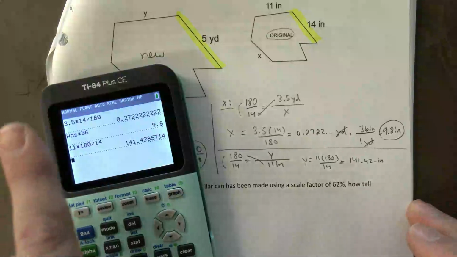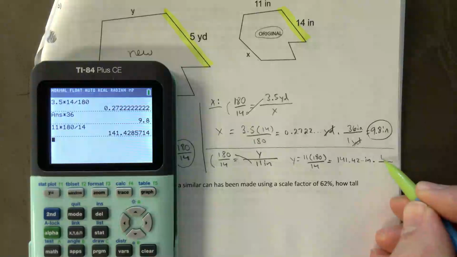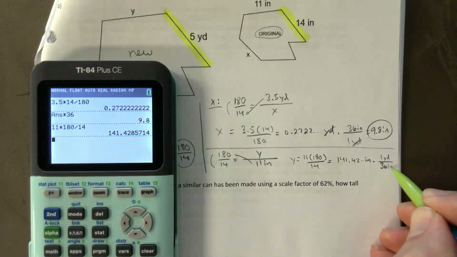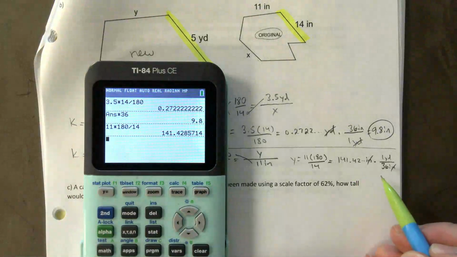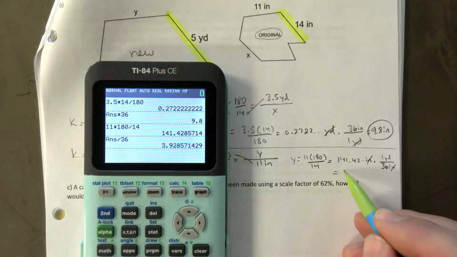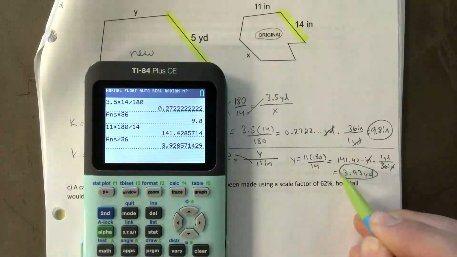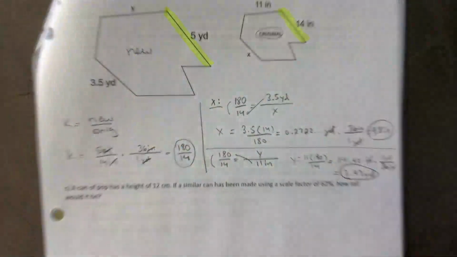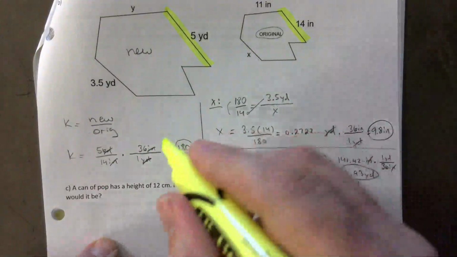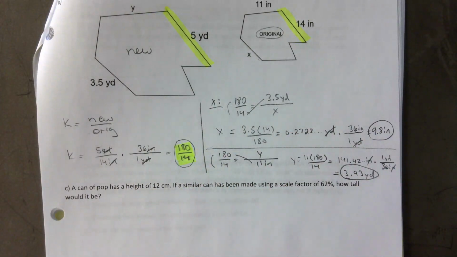And so if you want to turn that into yards, this is going to work. 1 yard has 36 inches. Cancel that out. So you basically divide by 36. So this would be 3.93 yards. Okay, is the answer for y. So again, what's the most important thing before you do anything is find your scale factor.